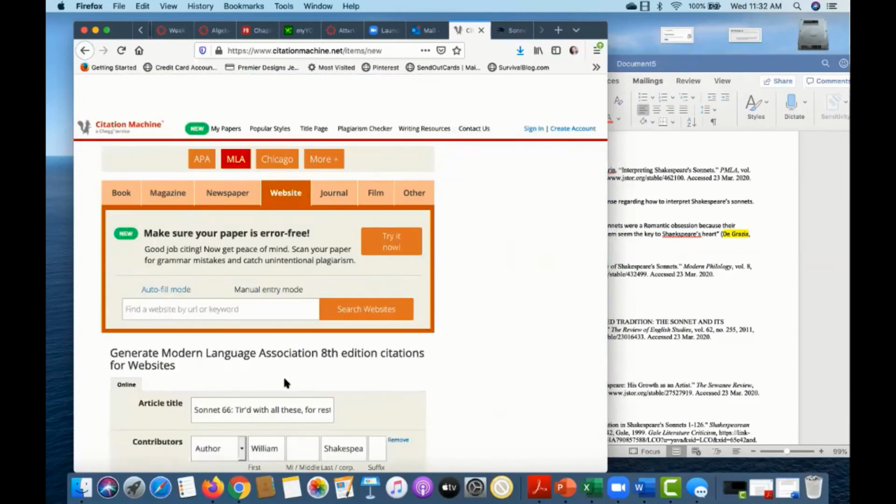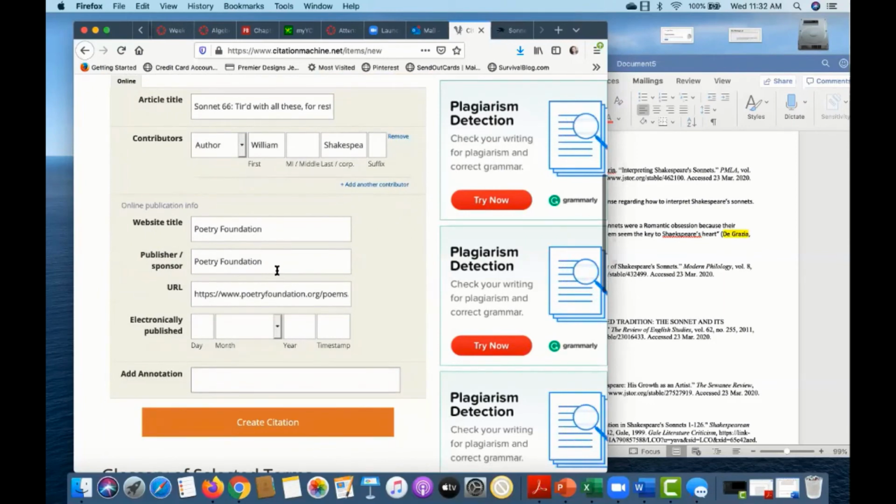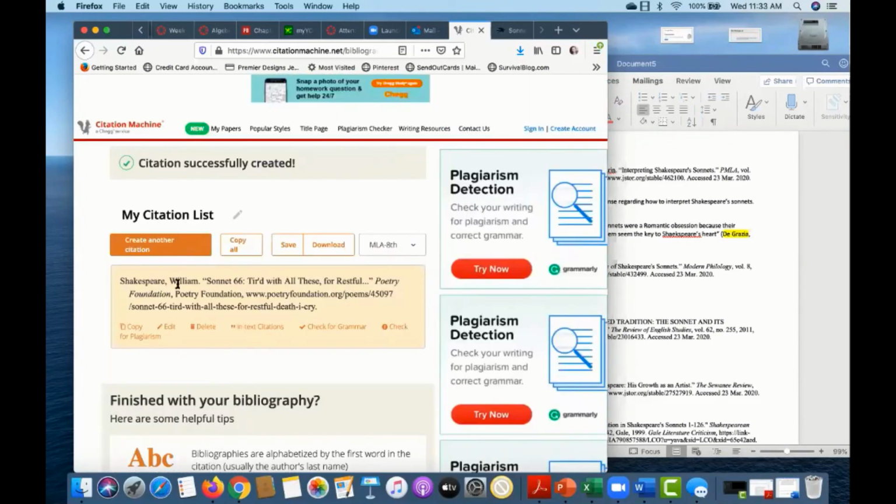I'll click Final Step. So I can see that we've got the correct author or the correct title of the poem. The author's correct. The website title is there. The URL is there. So I'm just going to go ahead and create that citation. And so you can see that we have the author's name, the title, then the website.